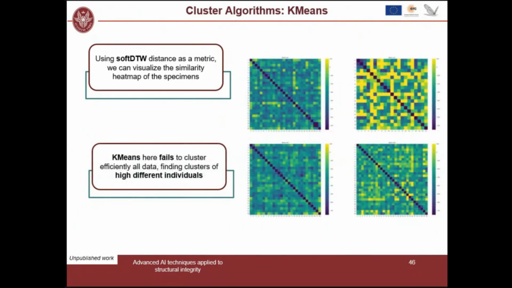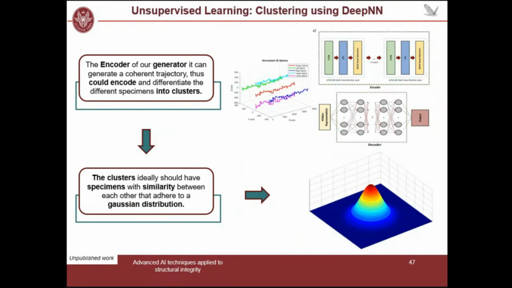With k-means I had some very nice clusters, those three are very nice, but I have a really, really bad cluster. This was the best clustering I achieved with k-means, so it didn't work.